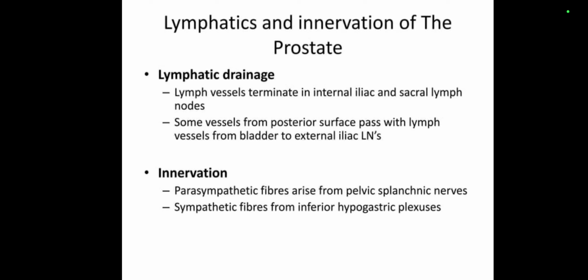Here, it is typically drained through the termination of the lymph vessels in the area of the internal iliac and sacral lymph nodes. And some of the lymph vessels from the posterior surface pass with the lymph vessels from the bladder to the external iliac. Okay? So that is the passage of the blood supply through the arterial supply to the venous drainage and to the lymphatic drainage.